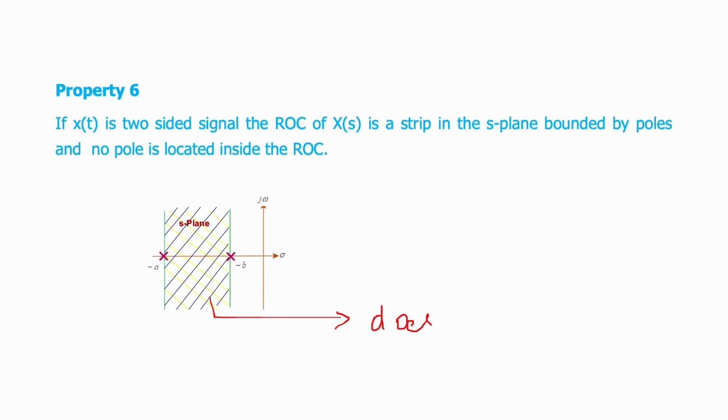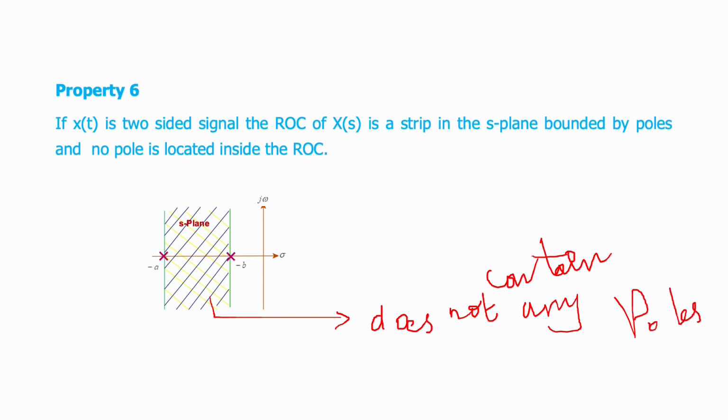That is the property. Is it clear? This is the region, and this region does not contain any poles.